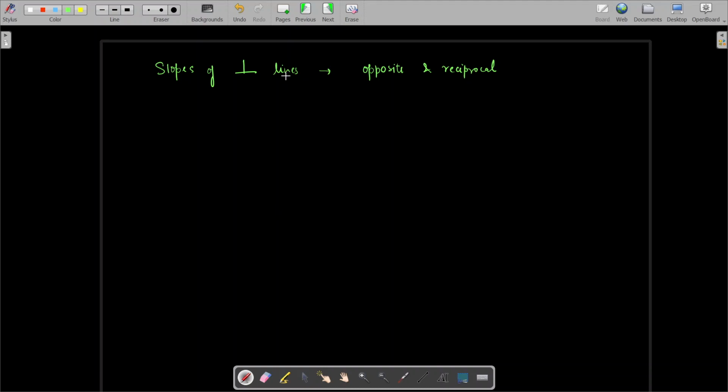What I mean by that is, let's say I have line 1 and here I have line 2, and both of these are perpendicular to each other. If line 1 has the slope m1 and line 2 has the slope m2, then m1 and m2 will be opposite and they will be reciprocal of each other.